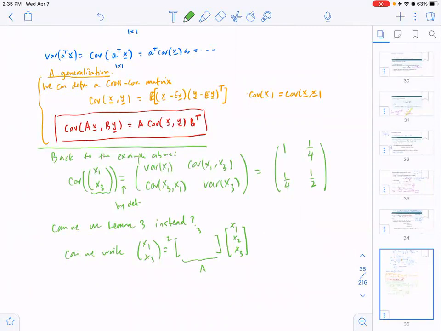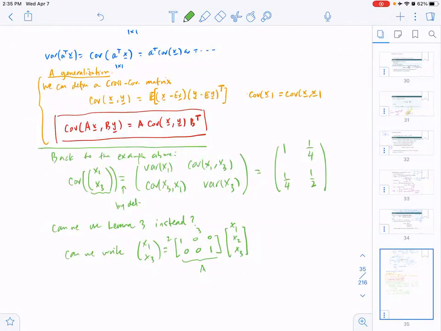It'd be 1, 0, 0 on the first row, then 0, 0, 0 on the second row. Oh wait, sorry, 0, 0, 1. Okay, good. Yeah, so if you do this, the first row would select the first element, and the second row would select the third element.